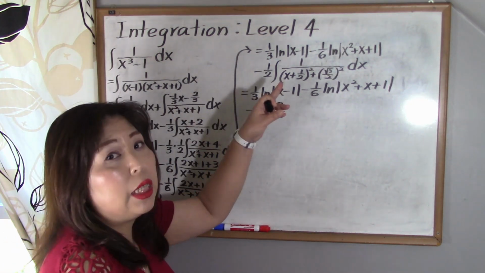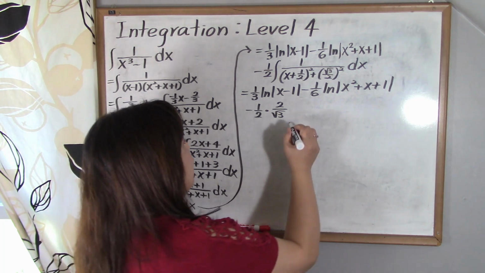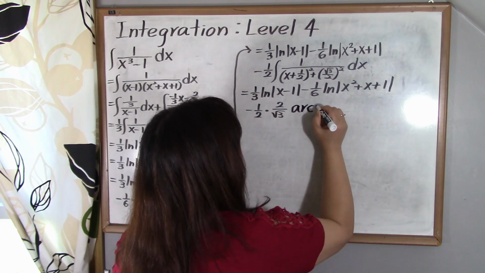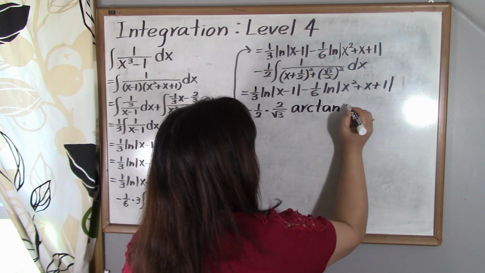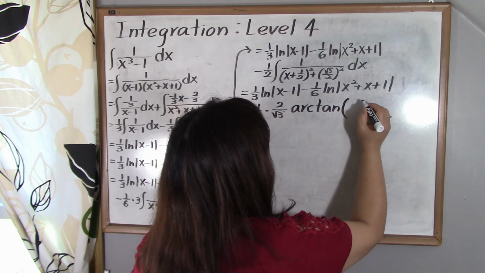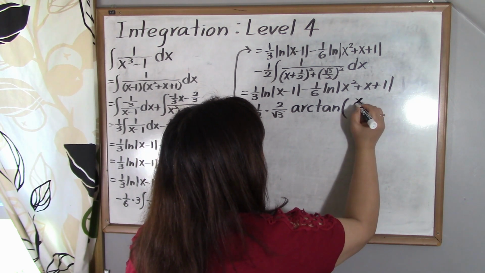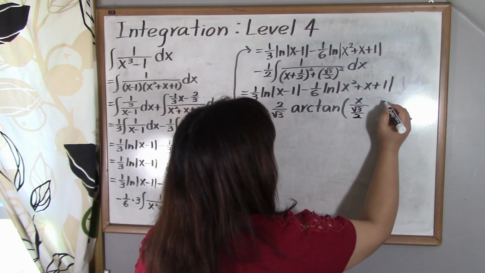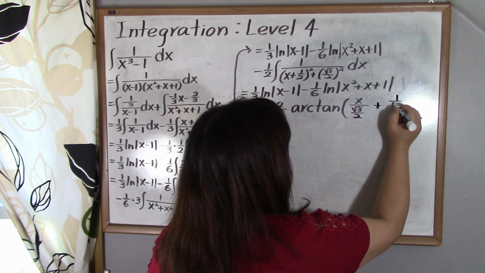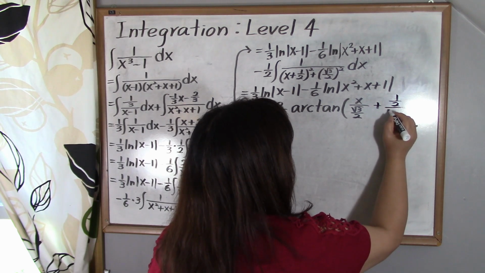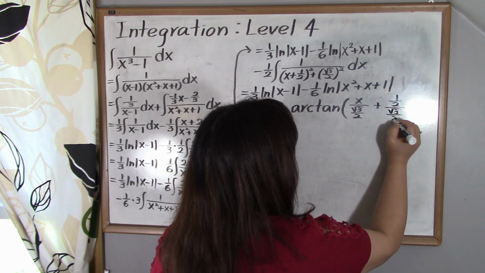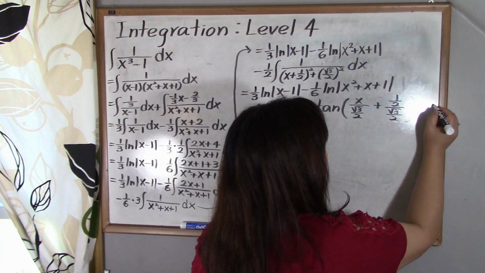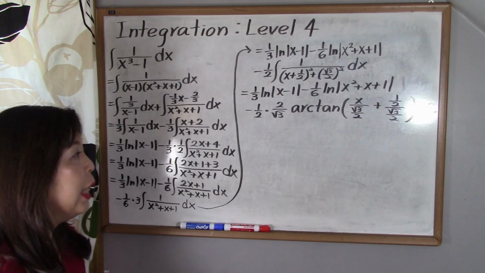Because we're going to change the arctangent. Okay, and then arctangent of x over square root of 3 over 2 plus 1/2 over square root of 3 over 2 and plus constant c, right?